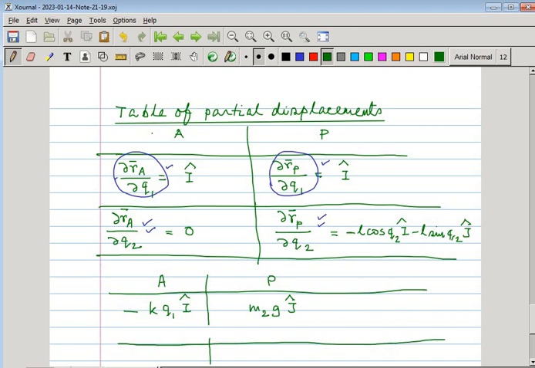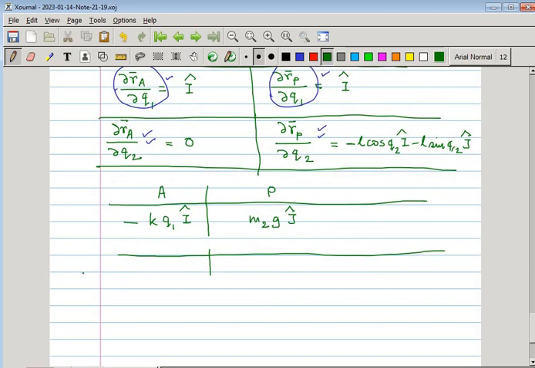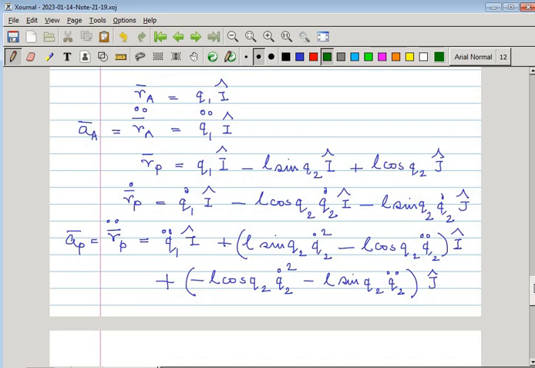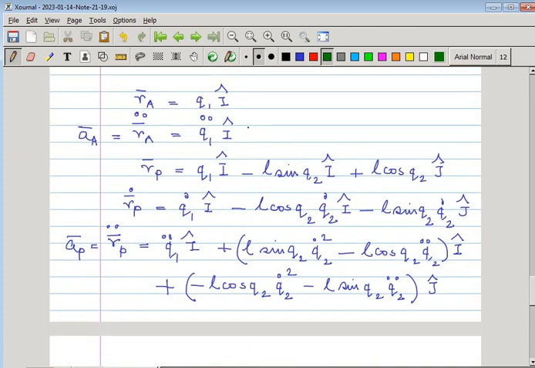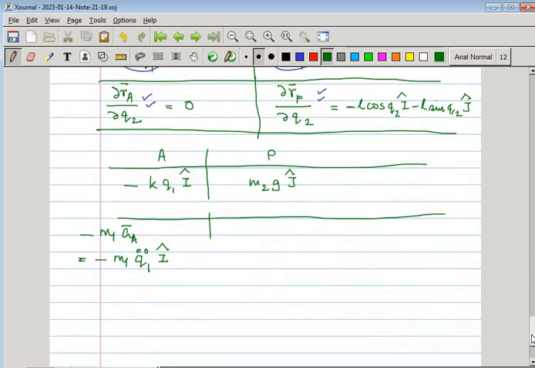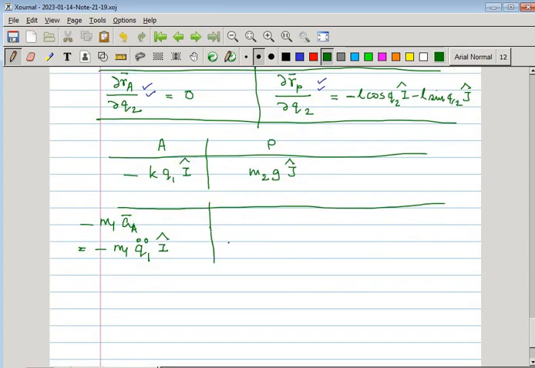These are the active forces, and the inertia forces are minus M1 AA, equal to minus M1 Q1 double dot I. This is A. And minus M2 AP, and that is equal to minus M2 times this.